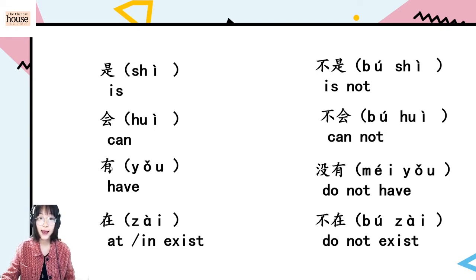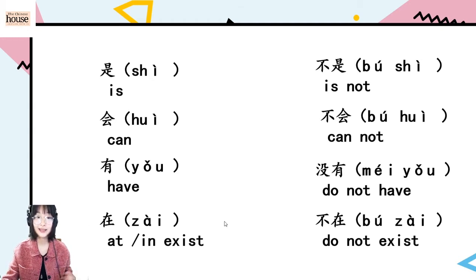And then have, 有, third tone. 没有, do not have, first second tone 没, then third tone 有. 有没有. What about I don't have a book? 我没有书.